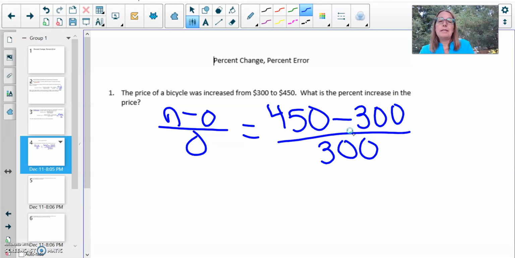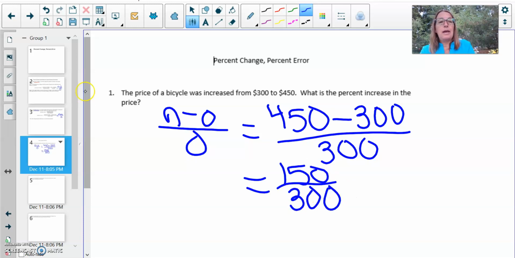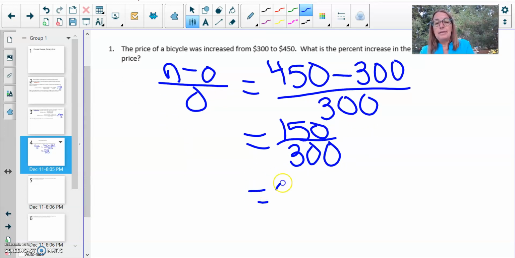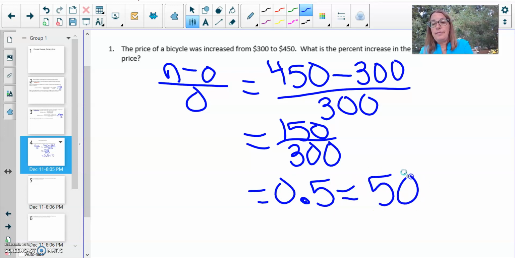So $450 minus $300 is $150, divided by $300, which as a decimal is 5/10. As a percent, it's a 50% increase. Because the answer is positive, I know the amount went up.